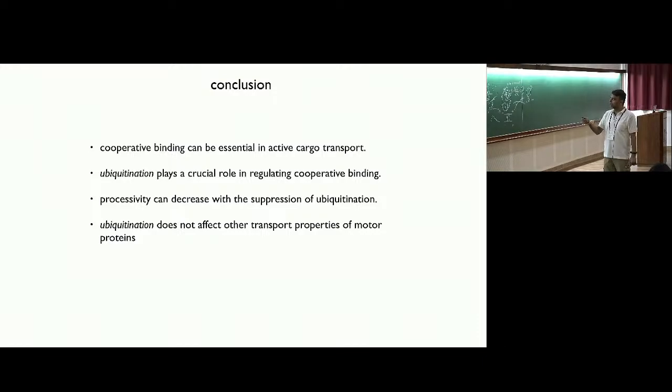Ubiquitination plays a crucial role in regulating this cooperative binding domain, and processivity can decrease a little bit, but otherwise the rest of the transport properties remain unaltered under this ubiquitination. So the take-home message is that ubiquitination hampers the cargo binding domain, not the motor domains of the molecular motors.